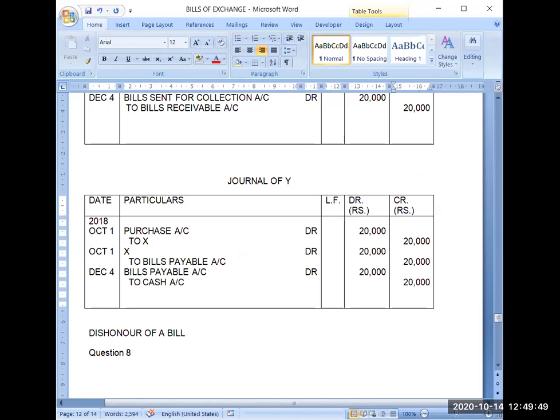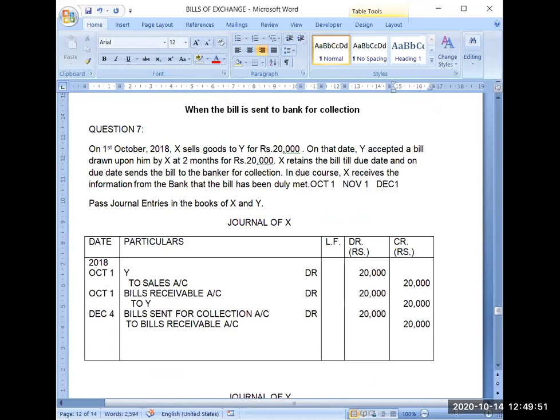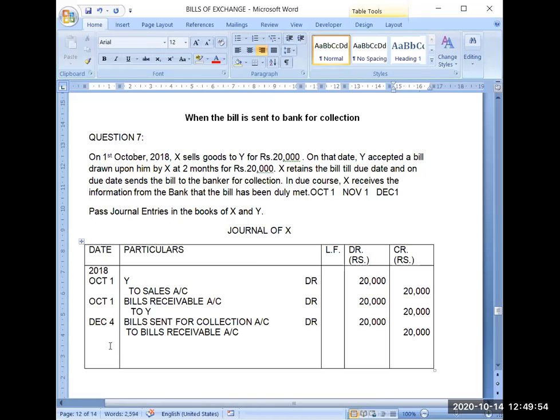Now bank has collected the payment from Y, and bank has informed X that we have collected the payment on your behalf and deposited in your account. So on December 4, the bank account of X will be debited, because now the money is with bank. X is not receiving that amount physically. So bank account debit, and now we have to nullify this account, bill sent for collection, because bill has been collected now.